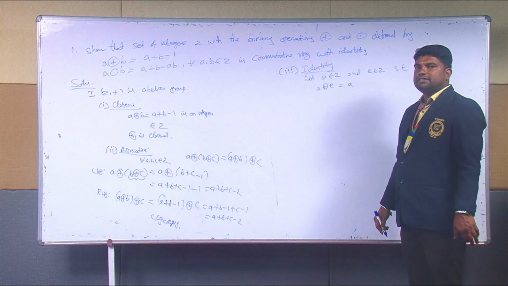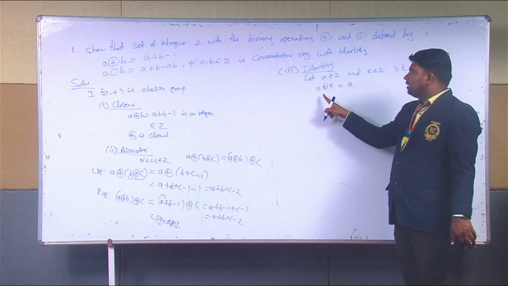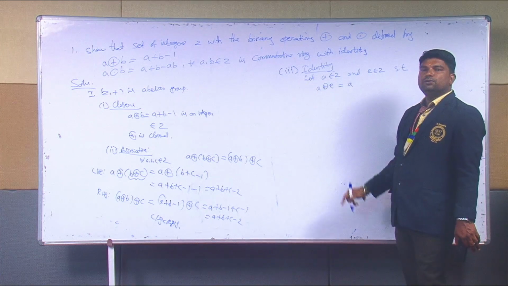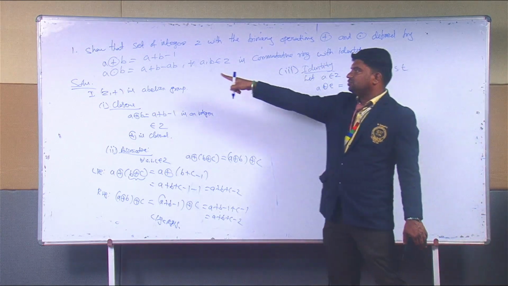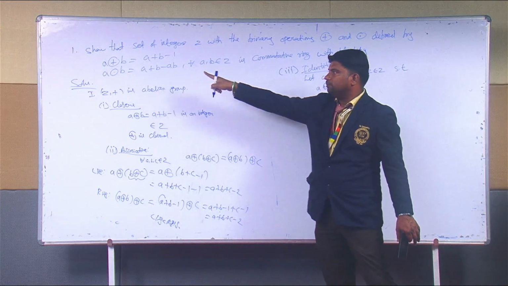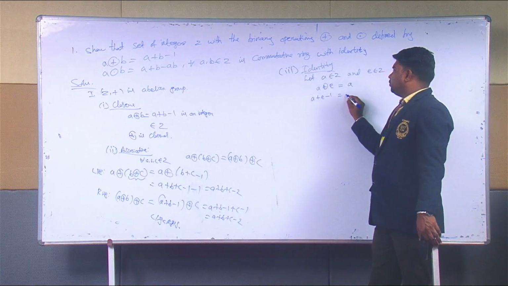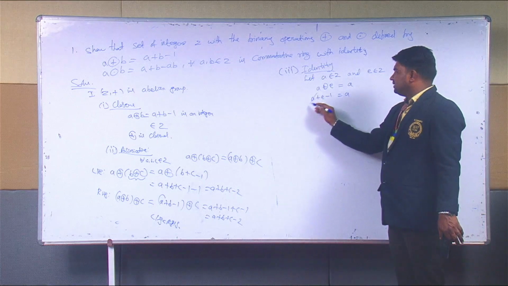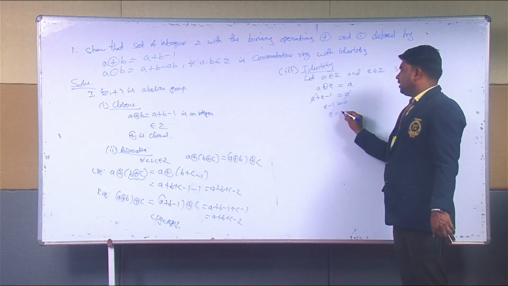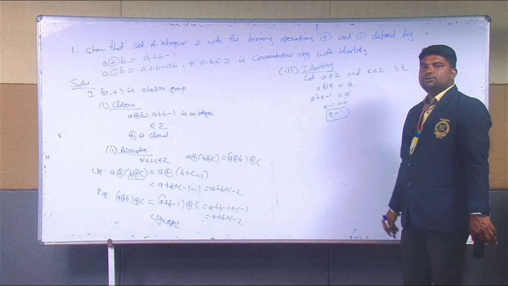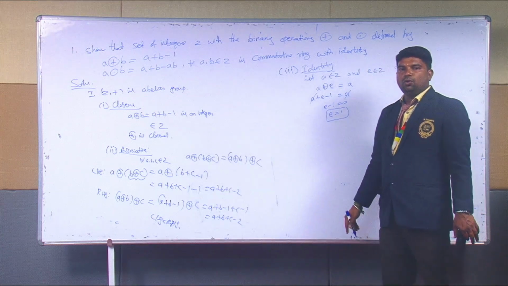So by addition modulo, a addition modulo e is equal to a. On the left side, by the definition, a + e − 1 equal to a. And a is cancelled, so e − 1 is equal to 0. So e equal to 1. This is the identity element in Z under the addition modulo operator.